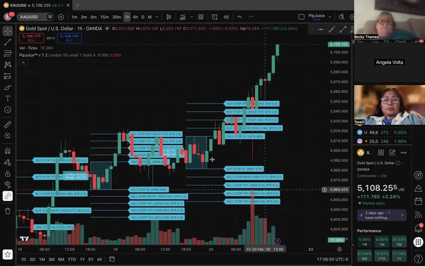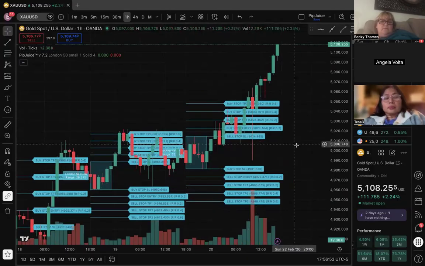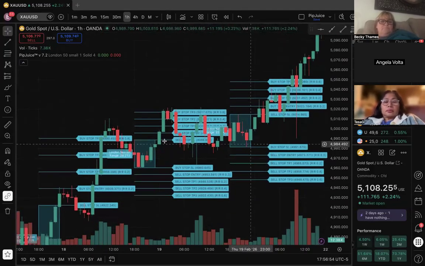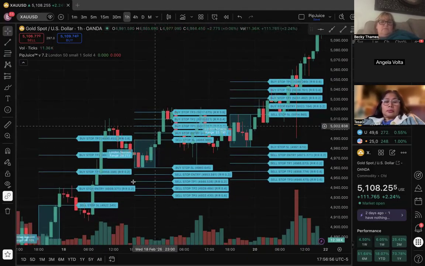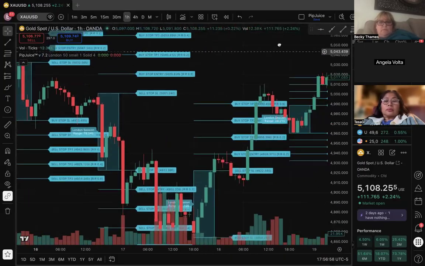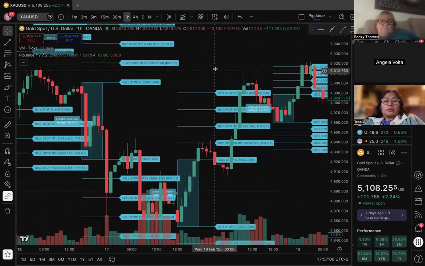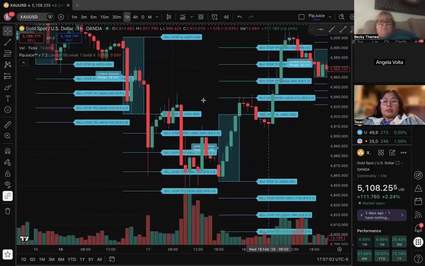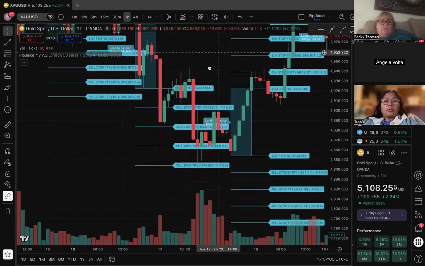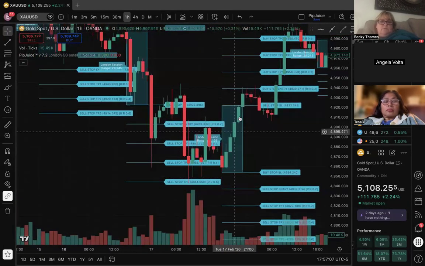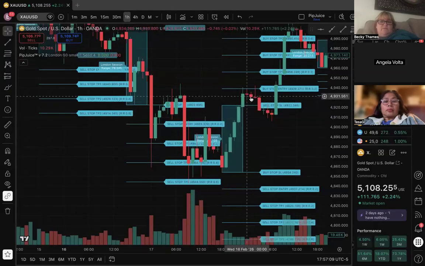But you can see this one was a win on that 1 hour. This one was a win. This one was a win. Remember, it was kind of bullish last week. When we are looking at hours, we're like 1, 2, 3, 4 hours, 5, 6, 7, 8. If it hit here, that's 1 hour, 2 hours, 3 hours.